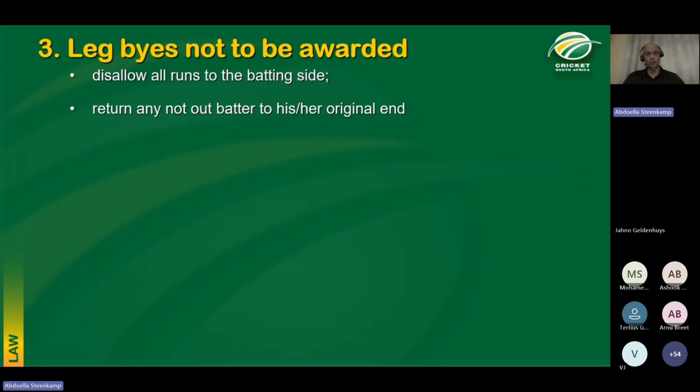Then we need to send the batters back to their ends. That striker, we need to tell him or her, batter, please go back, you played no shot. We're not allowing this run. The ball is dead. You need to go back to the striker's end, and the non-striker now needs to come back to the bowler's end. If there was a no ball, that will be applicable.